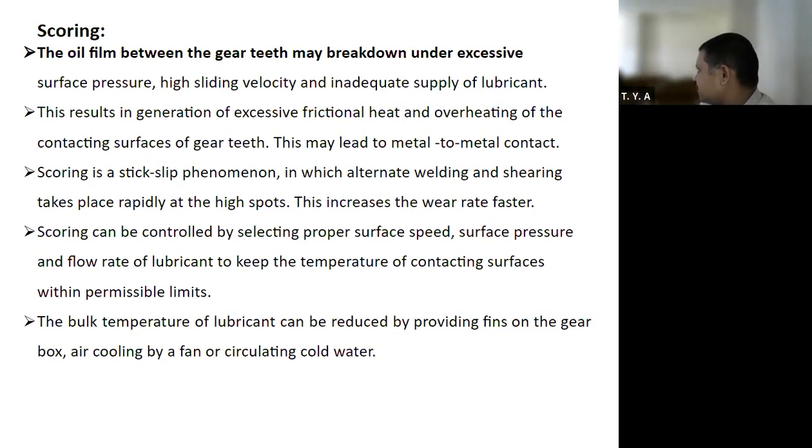That is why the cooling process of that cylinder takes place. But if you touch the silencer of a two wheeler, you get burned. Have you ever touched the cylinder? If anyone rides a two wheeler, try touching the cylinder. I will also check at home today and see if it burns. Therefore, the bulk temperature of lubricant can be reduced by providing fins on the gearbox, air cooling by a fan, or circulating cold water.